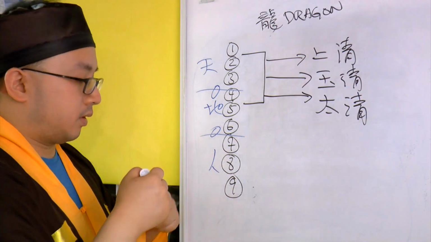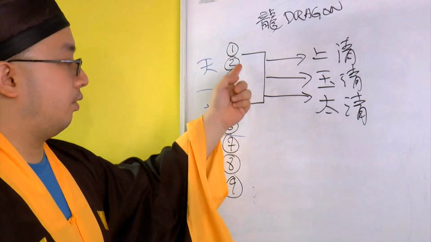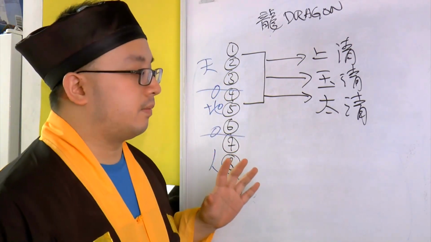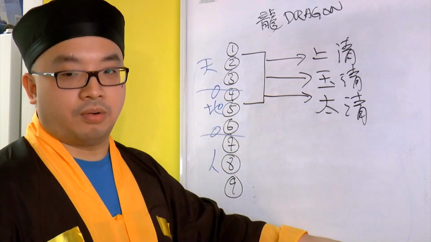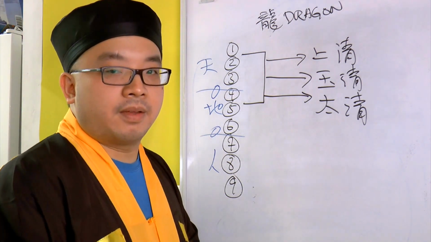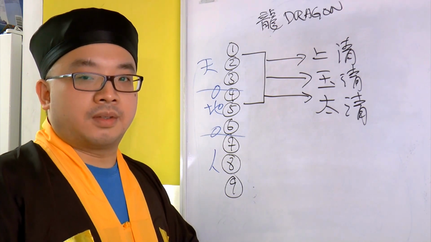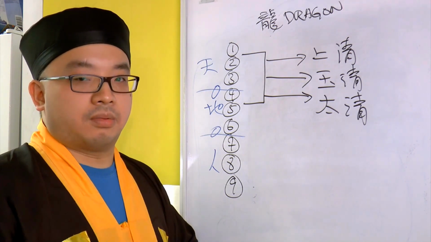Sang Ching, Yuk Ching, Tai Ching. The 3 stages is 2, 3, 4 that I just explained. Saam Ching Dou Zhou. What is Dou? In our theory of Taoism versus Sun Gung, we already explained what is Dou. As in Dou Gao. What is Dou?